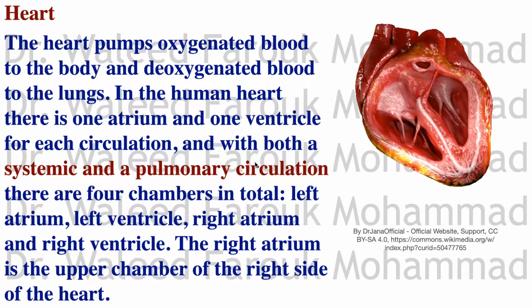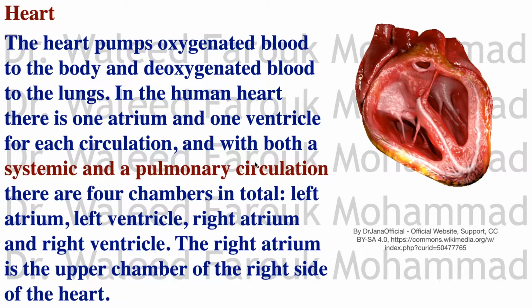The heart pumps oxygenated blood to the body and deoxygenated blood to the lungs. The oxygenated blood is pumped through the left side of the heart, the deoxygenated blood through the right side of the heart, and the pumps comprise one atrium and one ventricle on each side.